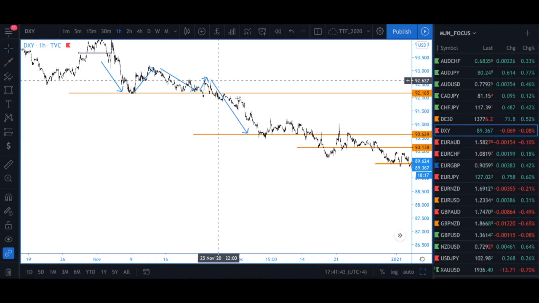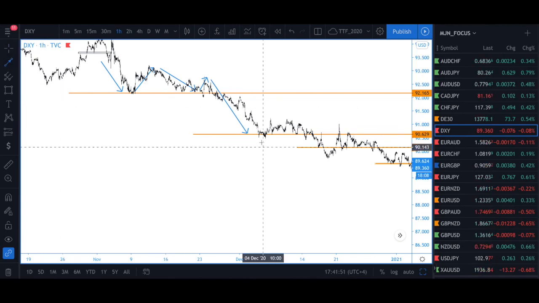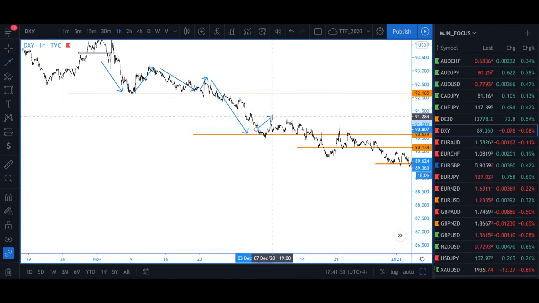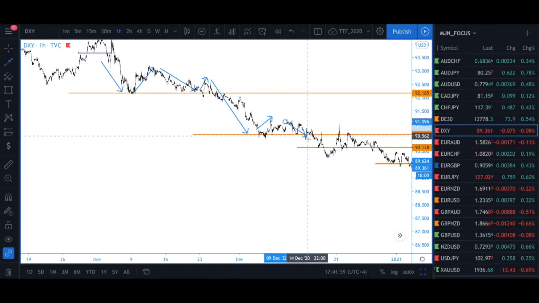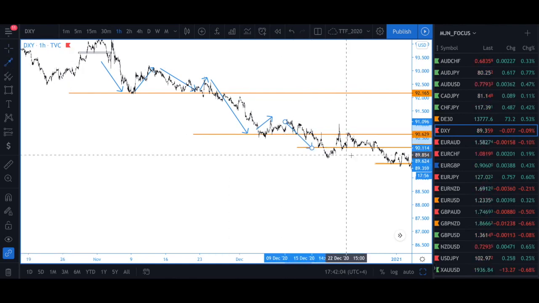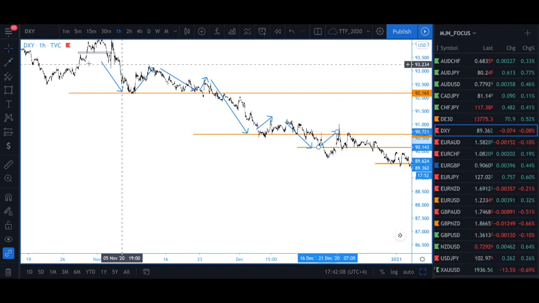So now we break through down onto the 2nd floor. We're no longer on the 3rd floor, and the floor of the 3rd floor now becomes the ceiling of the 2nd floor. Now the price begins to reject from this level. It might not reach all the way to the top, but you can see the support has been created. Now when it crashes through the support, you can see in this instance that the previous support now becomes the resistance.